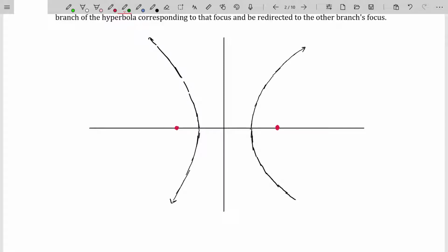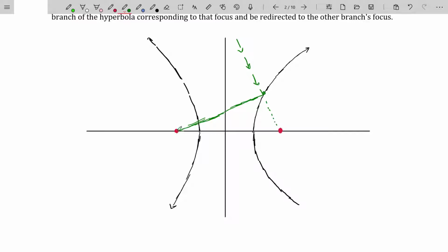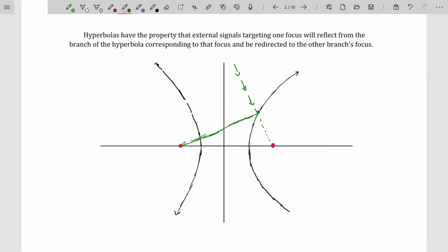If you were to have an external signal coming in aimed directly at that focus, what happens is that signal would reflect off of this branch of the hyperbola and be directed toward the focus of the other branch. And that's exactly the property of hyperbolas: external signals targeting one focus will reflect from the branch of the hyperbola corresponding to that focus and be redirected to the other branch's focus.